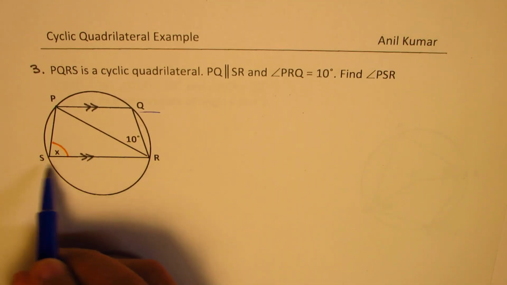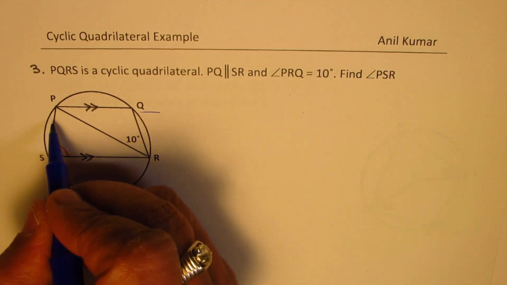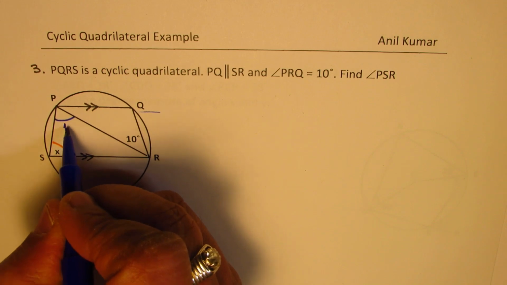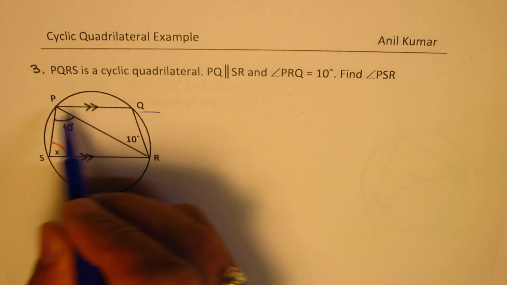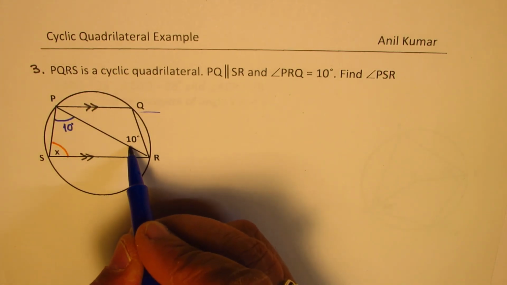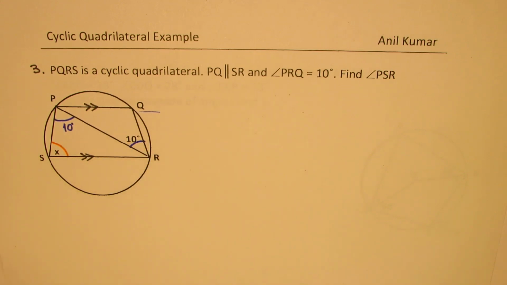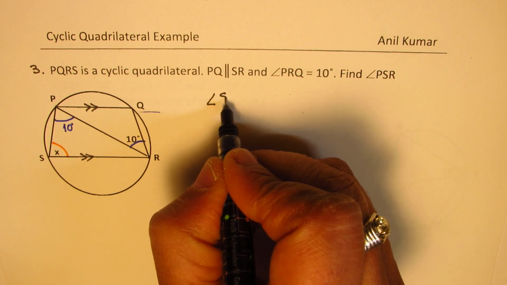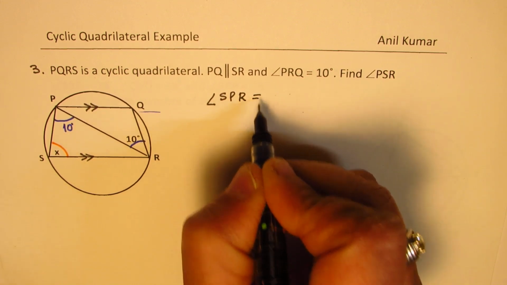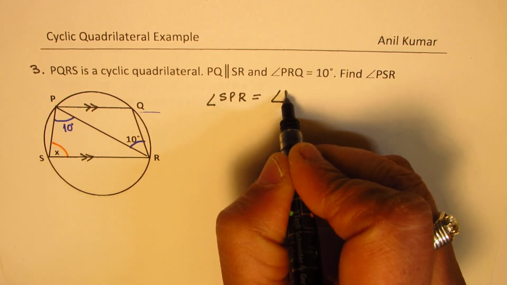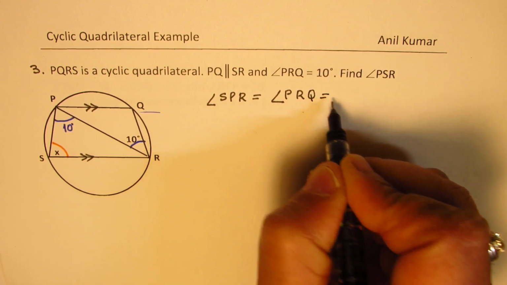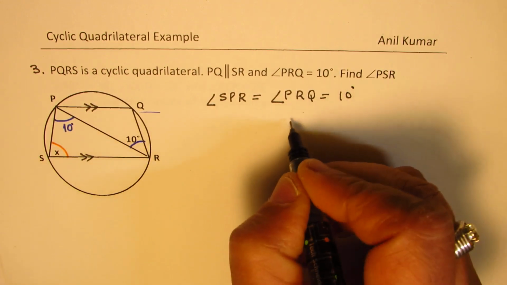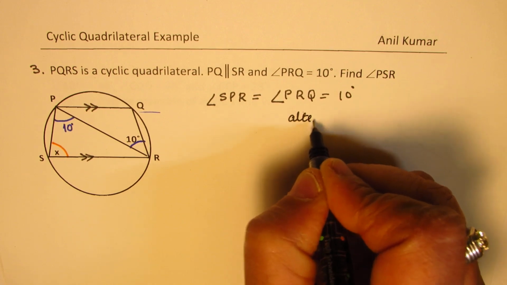So these are two parallel sides, that is the transversal, and therefore this angle should be equal to 10 degrees. Well, the scale is not quite correct, but we have alternate angles. So we have angle SPR equals angle PRQ, which is equal to 10 degrees, since they are alternate interior angles.